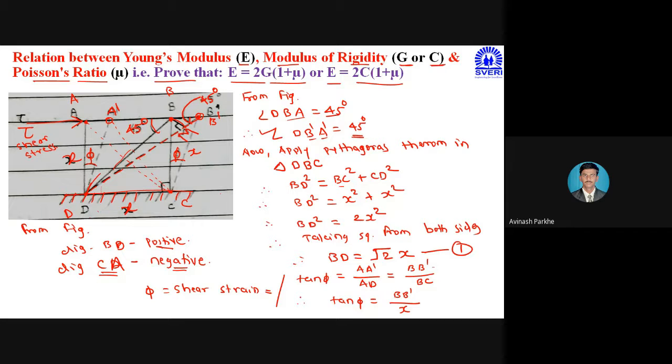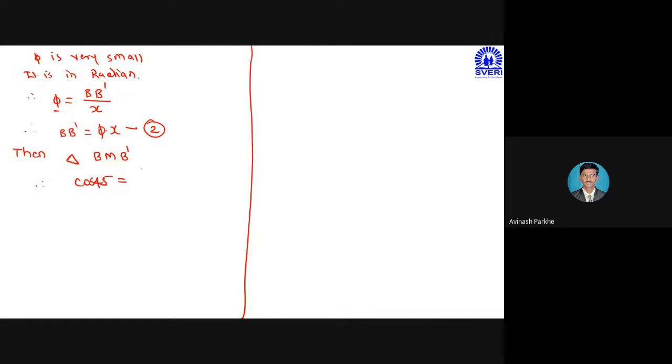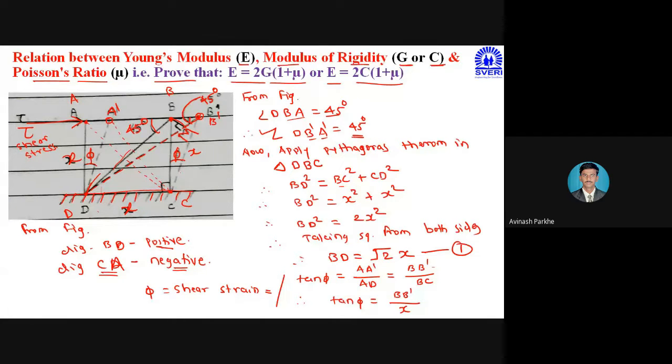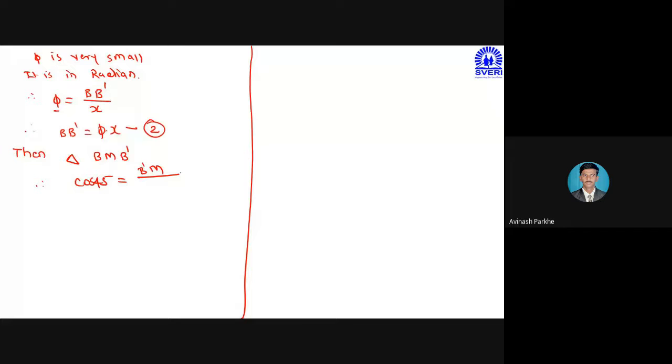From the figure, if I apply the cos rule, the adjacent side is equal to B dash M. And what will be the hypotenuse? Please tell me. The hypotenuse will be BB dash. Yes, correct, B dash B. Cos 45 is equal to adjacent side upon hypotenuse.